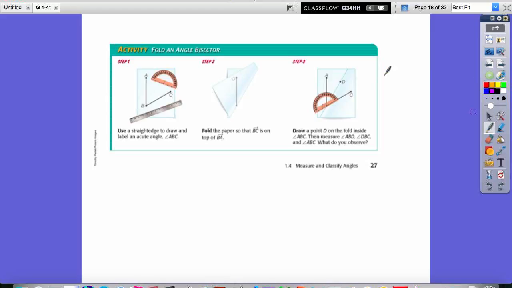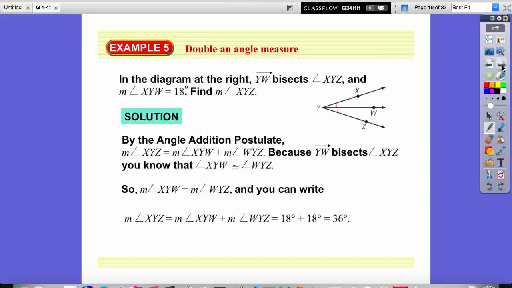Just like when we folded the paper before, we can fold paper to form an angle bisector. We're also going to go over in class how to create an angle bisector using a straight edge and a compass. We can also double any angle measure.